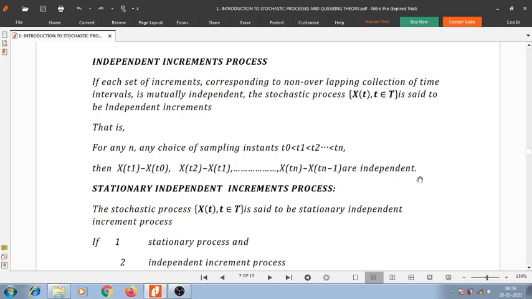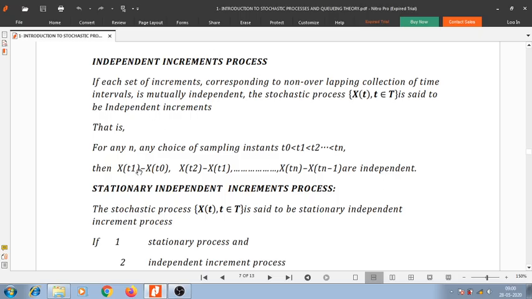After 1 hour again, 11 a.m., there may be 9 members arrived. So, X(T2) minus X(T1) is equal to 9. So, these 9 members are independent of the previous 5 members. That is called independent increments.